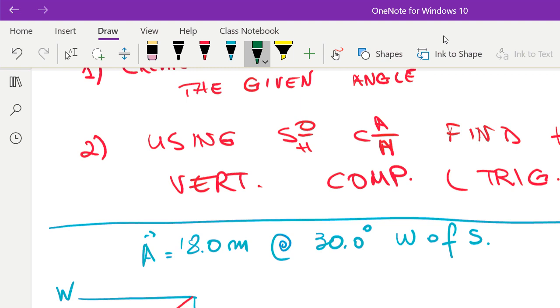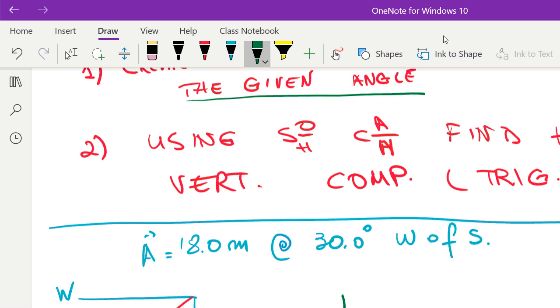Since the given angle is the angle with the south, the right angle triangle that you have to create has to be something like this.